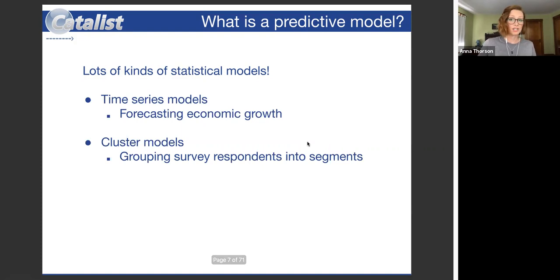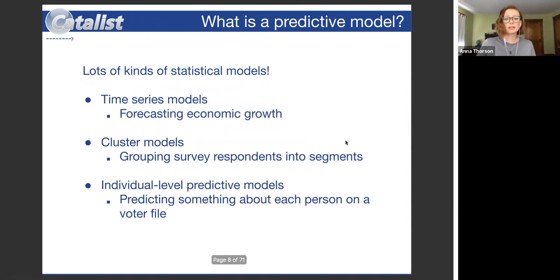They range from cluster models, which maybe you have seen used to group survey respondents into segments based on their responses. And they also include individual level predictive models, for example, predicting something about each person on a voter file. This is not an exhaustive list of the different kinds of models that are available, however, it's an example of the sorts that are out there.